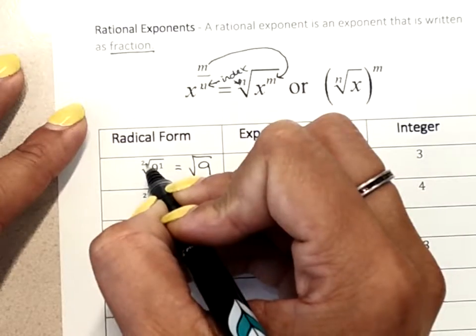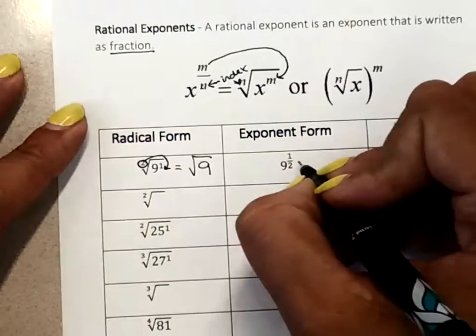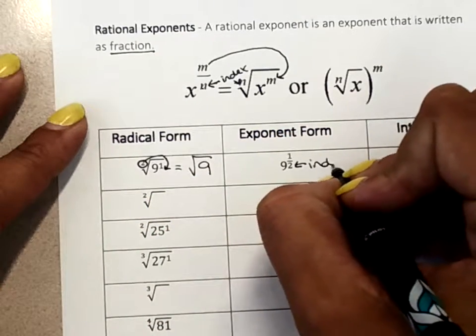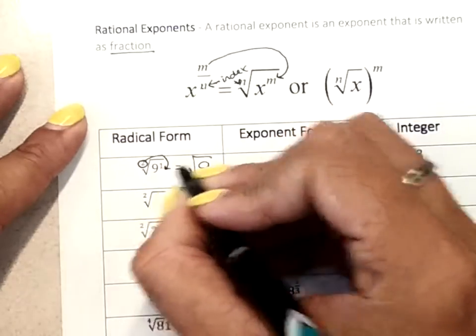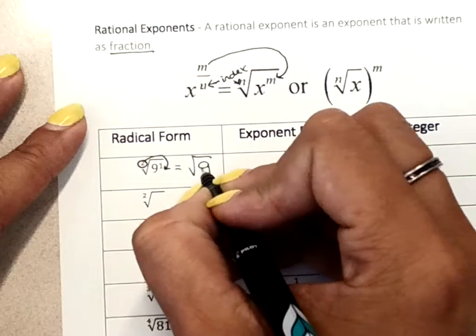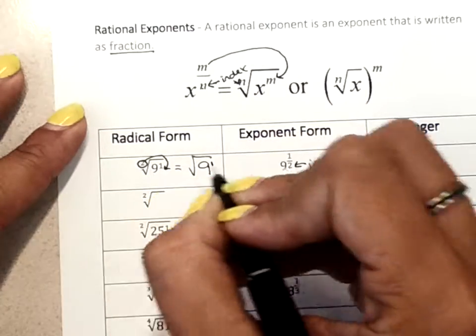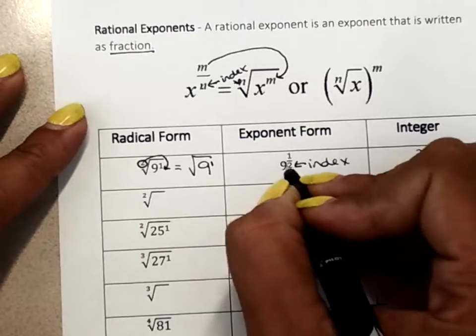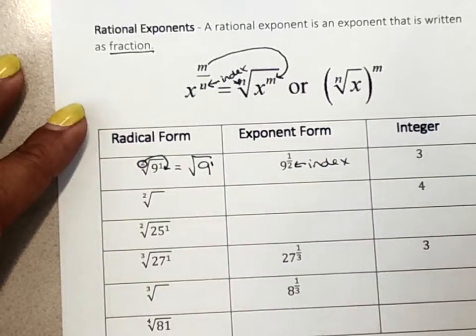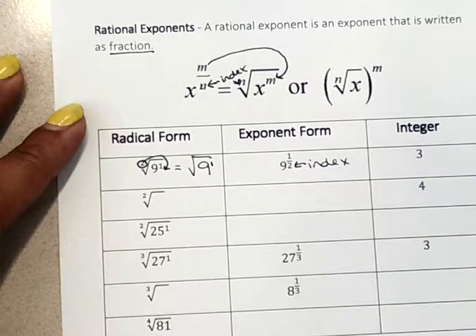Notice that we took the index and we made it the denominator, and the 1 became the numerator. So even though we write numbers without the power of 1, when you are converting from radical to exponential form, you need to account for the 1. We know that the square root of 9 is 3 because it is a perfect square.